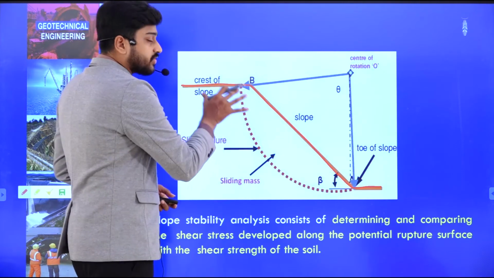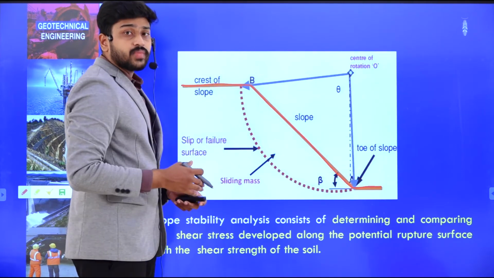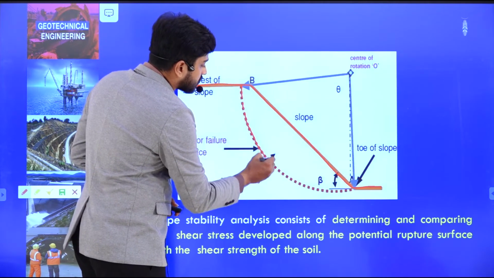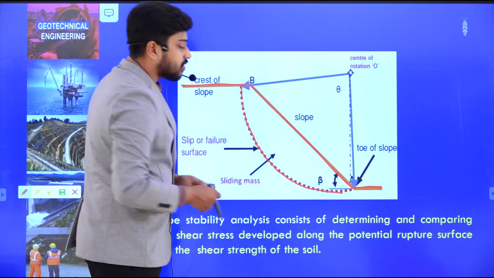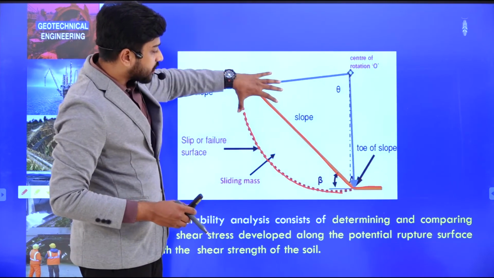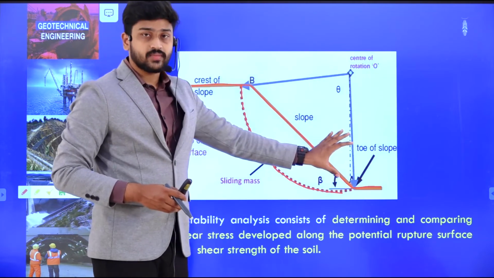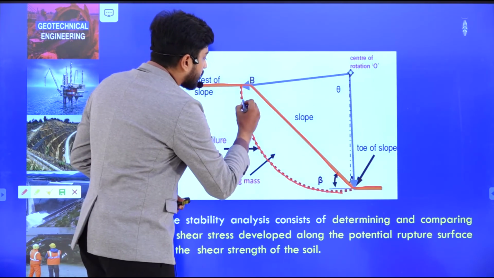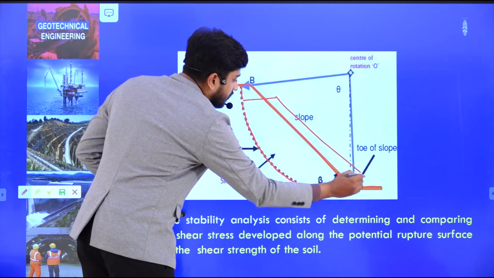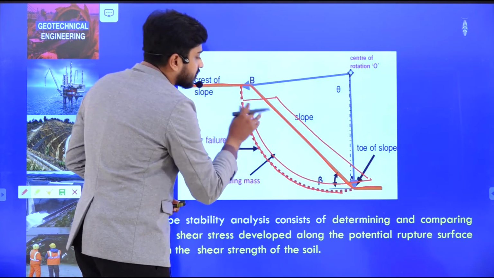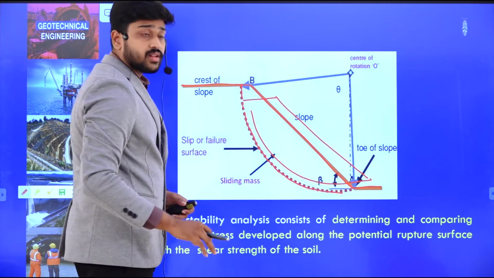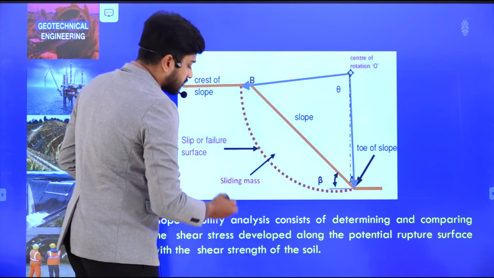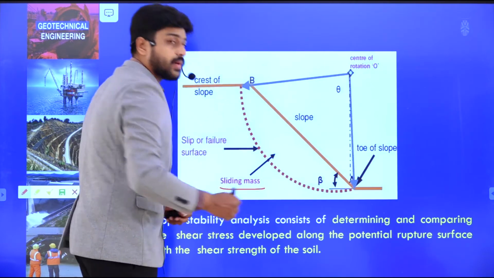Because of the self weight of the soil alone, after a certain amount of time, let us say it is failing along this dotted line. That means the soil present here is sliding like this. This is the failure line. After some amount of time, it is somewhat in this manner; it has failed in this manner. As this is the failure or sliding mass, it is given the name sliding mass.